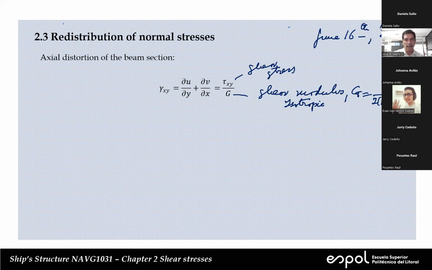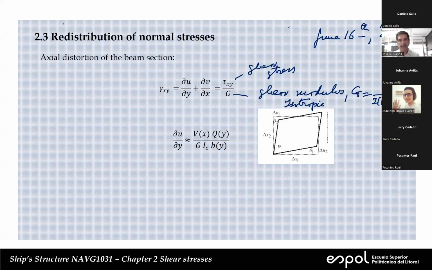Okay, let's go on. Now, this is the situation. We have two terms. What we're going to assume is that dv/dx, since this is a long beam in general, this is x, and in the vertical direction we measure the deflection.